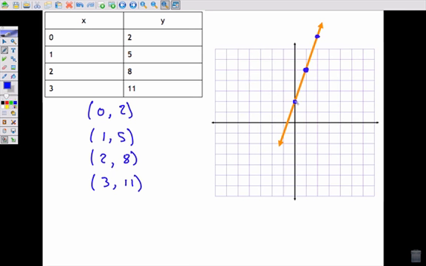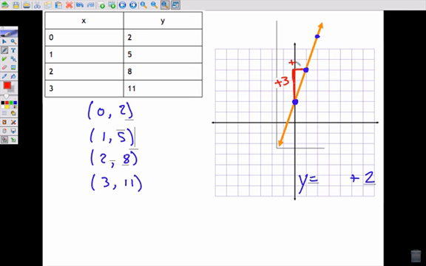So my y-intercept is right here where it crosses the y-axis at 2. So I know that in my equation I have y equals something, something, something plus 2. And then I can tell that the slope of this, which is going to be the rise right here over the run, looks like the rise was plus 3.